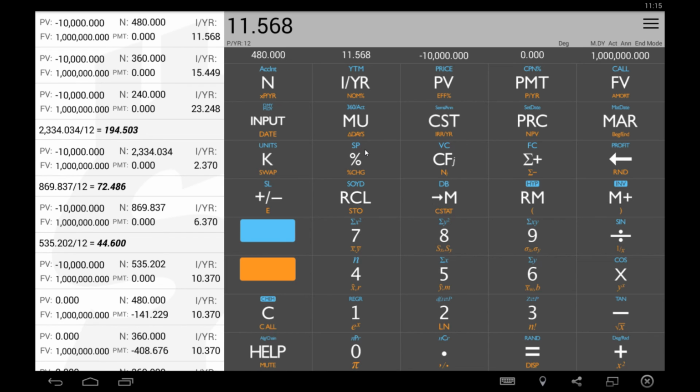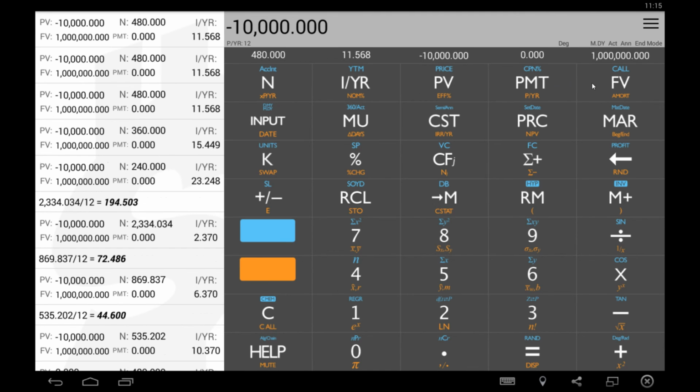How much can you draw down to 0 based on life expectancy? So you've already got your nest egg, $1 million. Let's make that our present value. Now we've got a future value of 0. And let's say we're making, after inflation, 10.37.